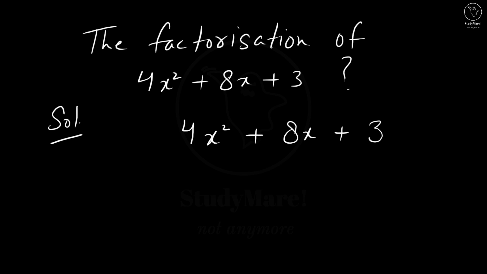See, the first part is that you take the coefficient of first term, that is where we have the power as 2, and the last term where we have no variable, and take the product of these two terms. So here we get 4 into 3, that is equal to 12.